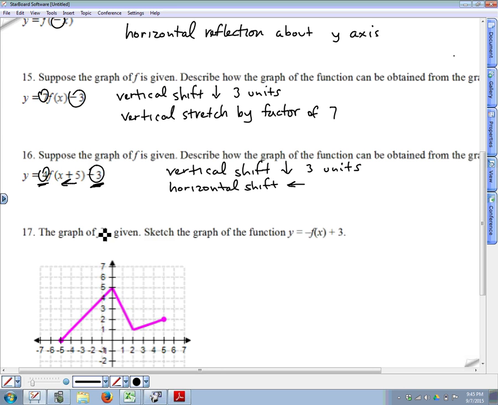X plus 5 moves the graph to the left 5 units. And we have another vertical stretch by a factor of 4.